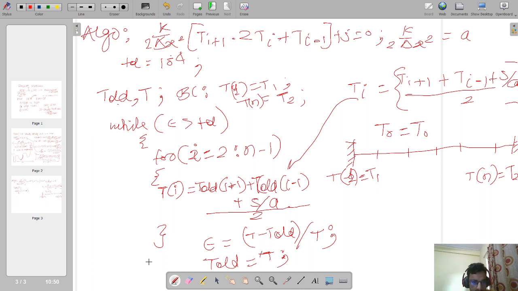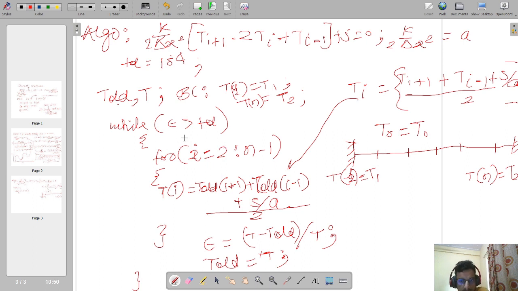This is just an updating of the old temperature, and we go like this. This will happen till the error, that is epsilon, is less than tolerance. As soon as epsilon becomes less than tolerance, it will exit the while loop and give us the steady state solution.